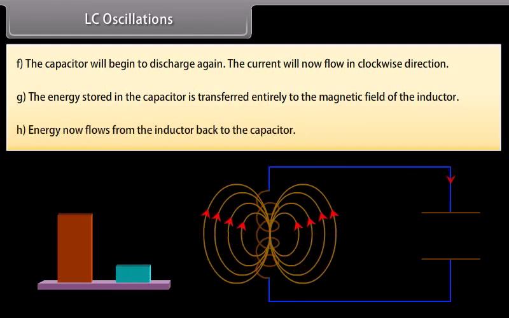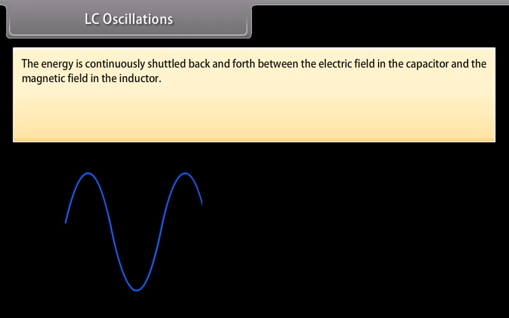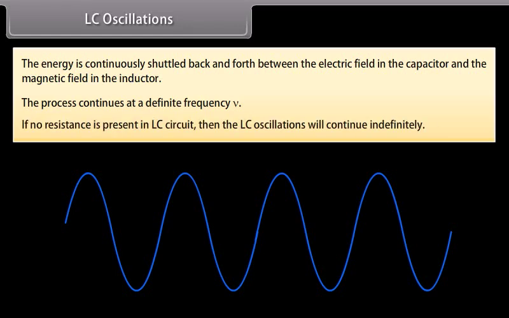Energy now flows from the inductor back to the capacitor. The energy is continuously shuttled back and forth between the electric field in the capacitor and the magnetic field in the inductor. The process continues at a definite frequency. If no resistance is present in LC circuit, then the LC oscillations will continue indefinitely.